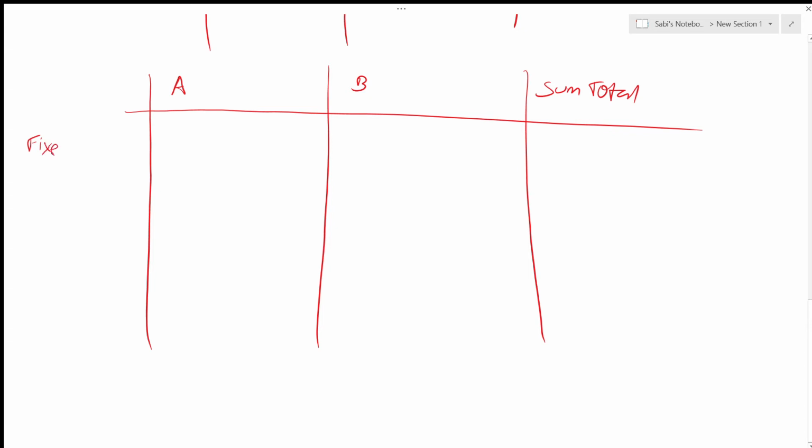Fixed, variable, or floating. So for the fixed rate of both you write: here, in this case, the fixed rate is 9%, and this one is 10.5%.